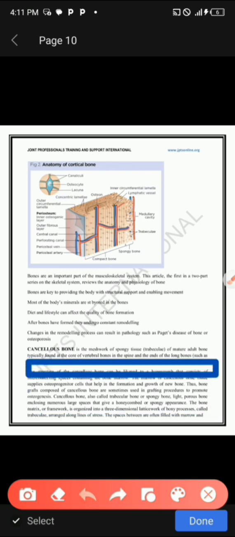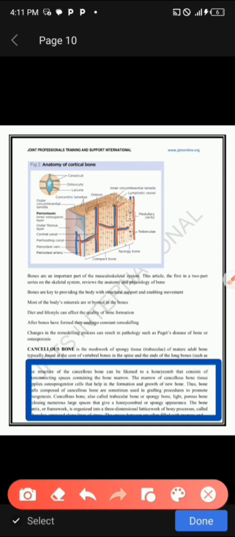The structure of cancellous bone can be likened to a honeycomb that consists of interconnecting spaces containing the bone marrow. The bone marrow of cancellous bone tissue supplies the osteoprogenitor cells that help in the formation and growth of new bone.